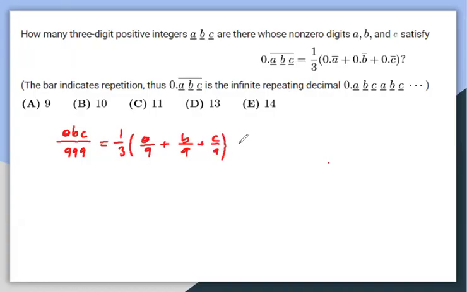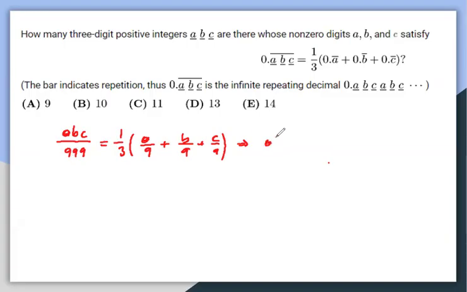This is another good equation, since we have a lot of fractions going on. But the good news is all the denominators are multiples of 9. And the 999 is a multiple of 9, since we multiply 9 by 111. But 111 is also divisible by 3, which means I can multiply the entire equation by 999.